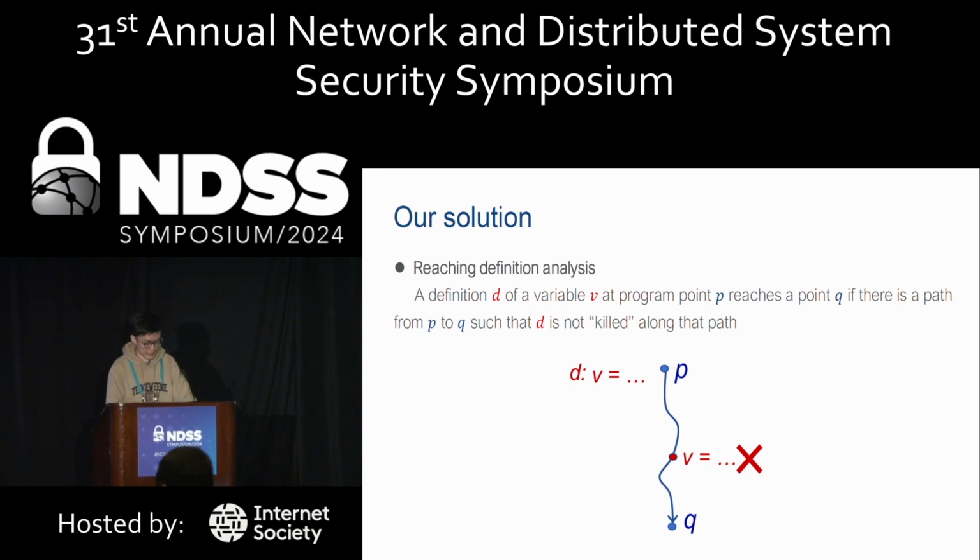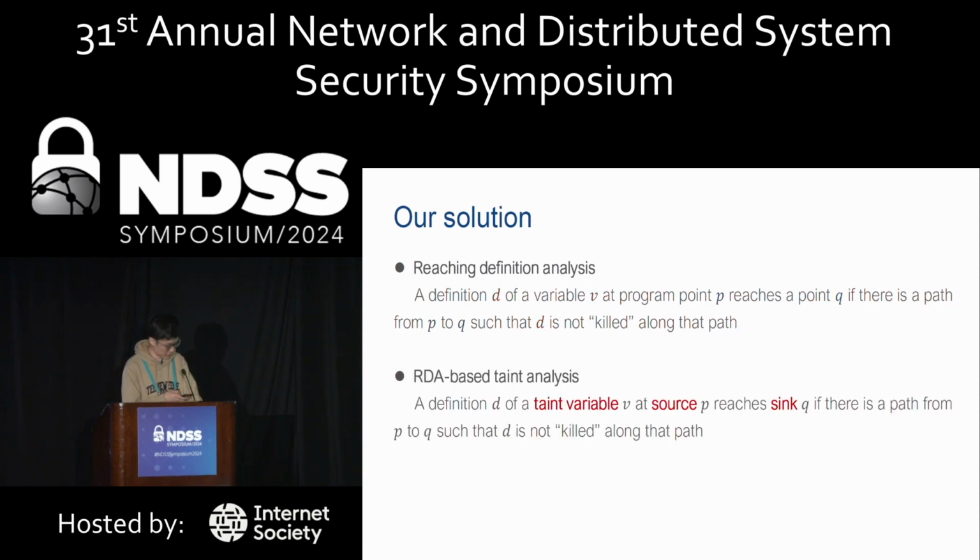Its definition is: the definition D of a variable V at the program point P reaches a point Q if there is a path from P to Q such that D is not killed along that path. You can see that reaching definition analysis is similar to taint analysis, which is a definition of the taint variable V at the source P, which reaches sink Q if there is a path such that D is not killed.